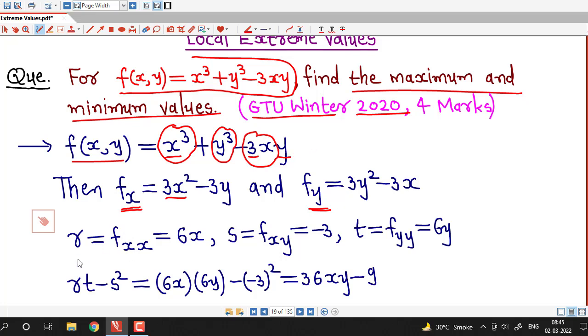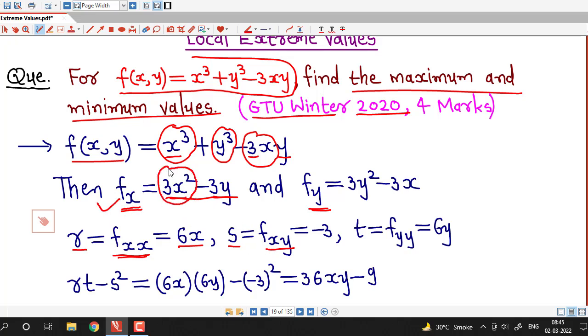Then the second order derivative with respect to x, which we denote by r equal to fxx. So we differentiate this del f by del x with respect to x again. 3 as it is, the derivative of x square is 2x. So we have 3 into 2x, which is 6x, minus 0. s equal to the derivative of del f by del x with respect to y.